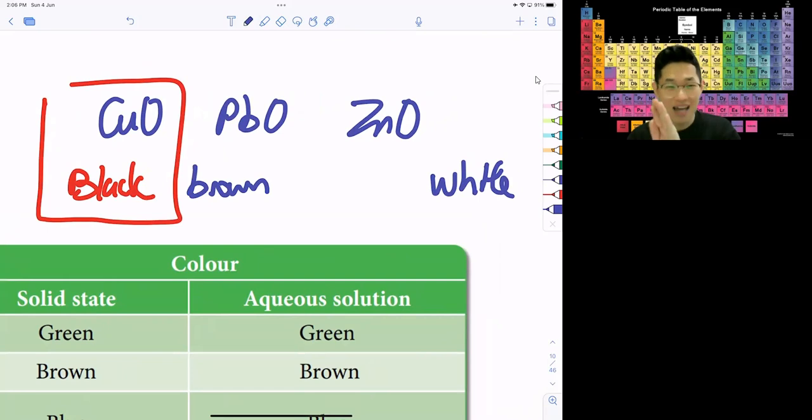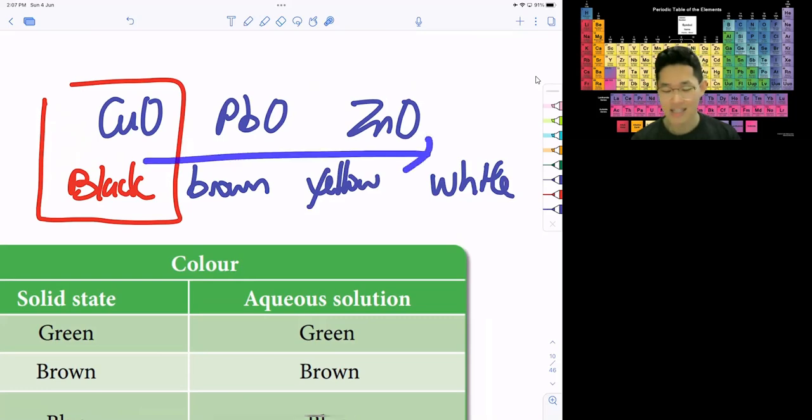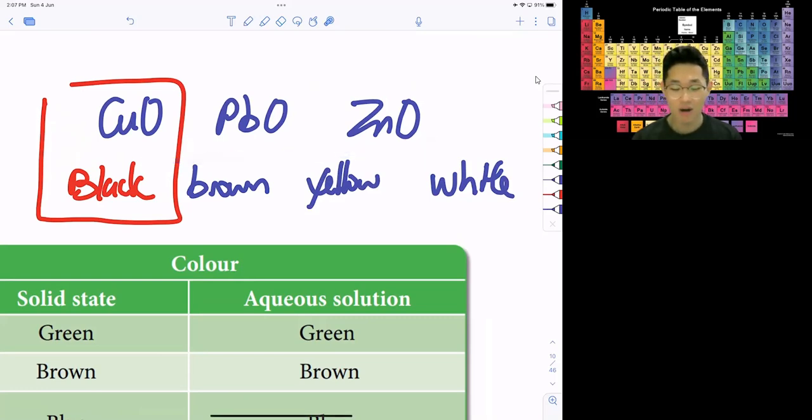So after black, it will be brown, and then another color that's similar to brown will be yellow. So from darkest to lightest, PbO is brown when hot, yellow when cold. Zinc oxide is yellow when hot, white when cold.